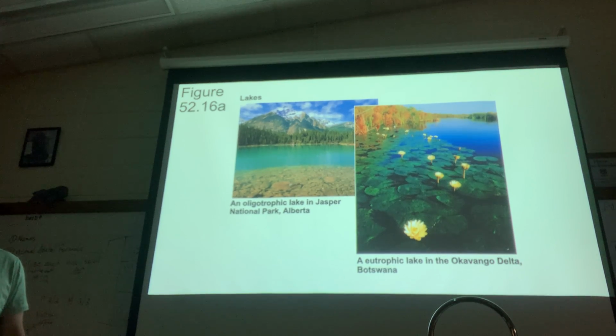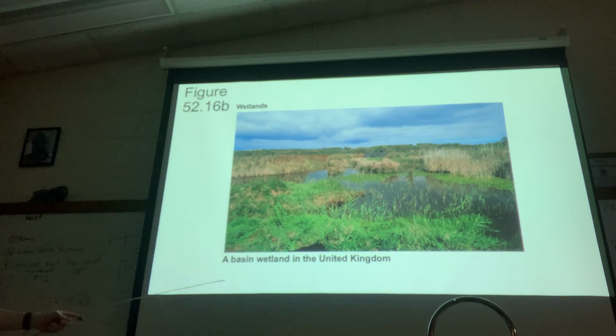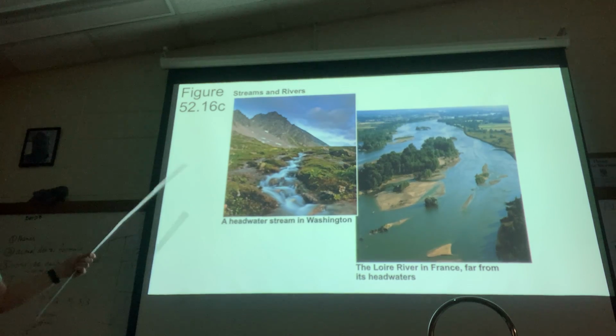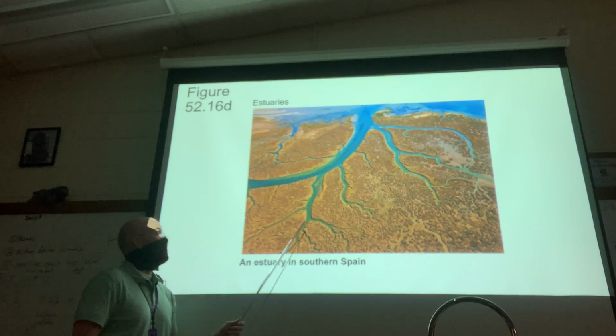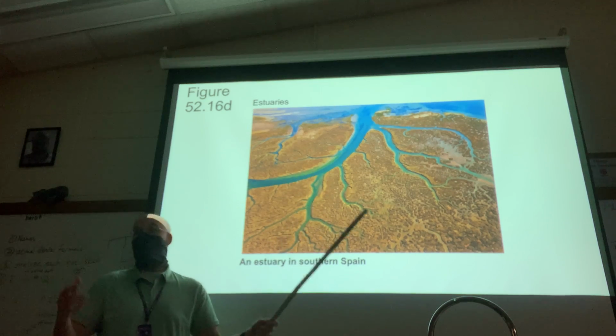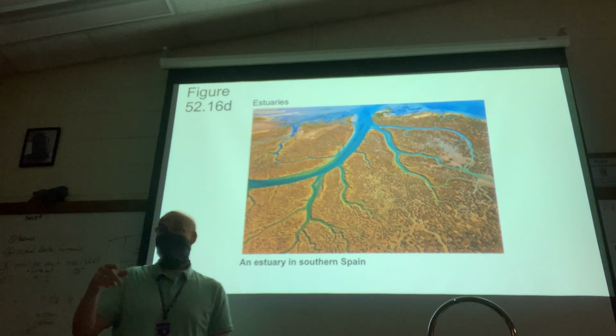Okay, the book goes through, discusses wetlands and some important parts about them, streams and rivers and how they're different from lakes. I did want to mention that estuaries are where rivers do what? They mix with salt water. That's right.